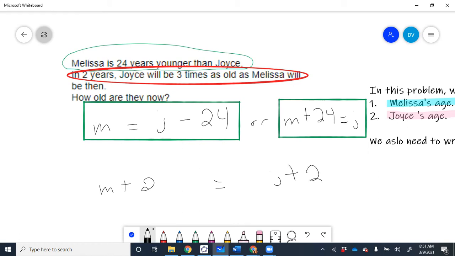Okay. Now, doesn't it say that in 2 years, Joyce will be 3 times as old as Melissa? It doesn't really matter that I have them in a different order, but I'm going to write something that we don't need to keep here, just so you can keep it in mind. This is Melissa's age in 2 years.